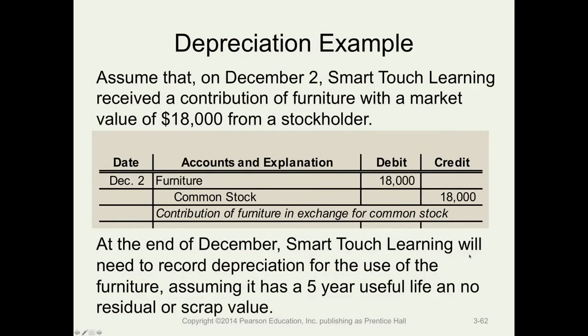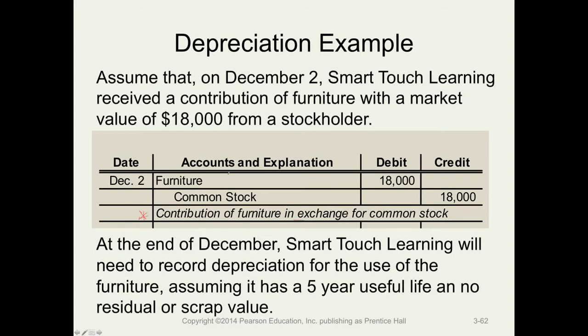So let's take an example. Assume that Smart Touch on December 2nd received the contribution of furniture from a stockholder with a market value of $18,000. The entry to record the asset is going to debit the asset furniture for $18,000 and credit common stock. Now this is an unusual transaction actually, and you do need that explanation.